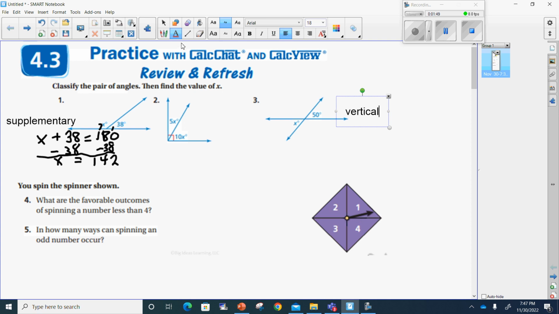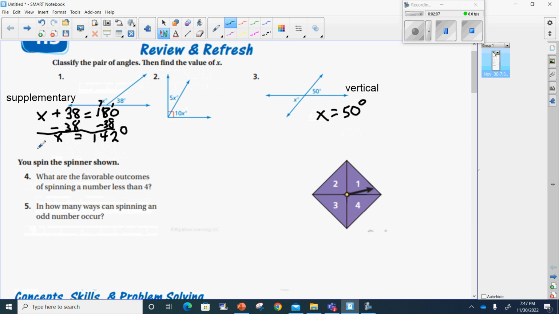How can I identify what x is? Well, remember, vertical angles are identical, so x automatically is 50. I don't even need to do any math there. And let's remember to put degrees with all these.